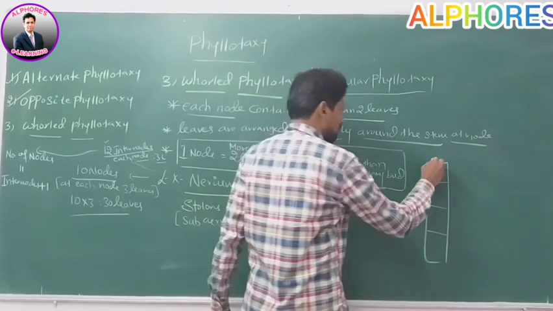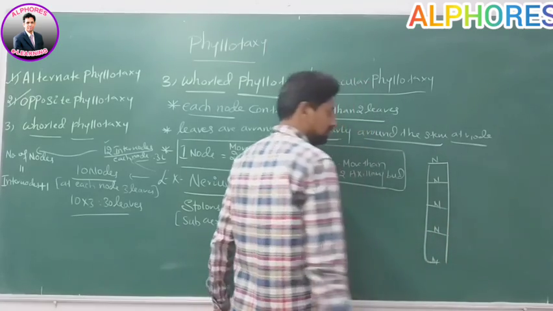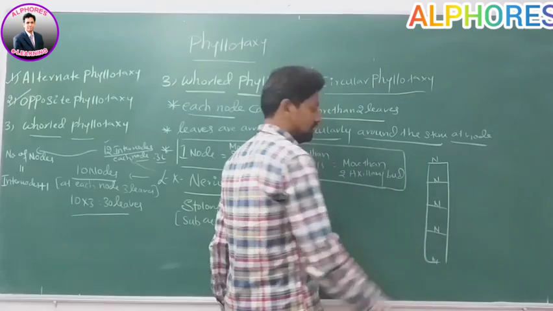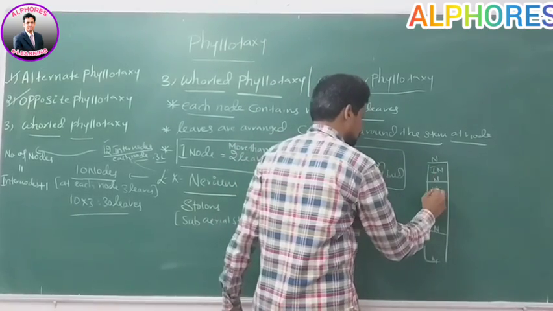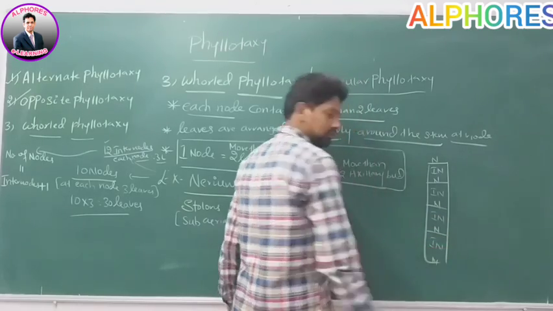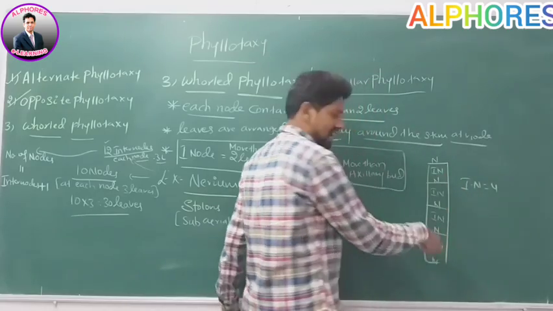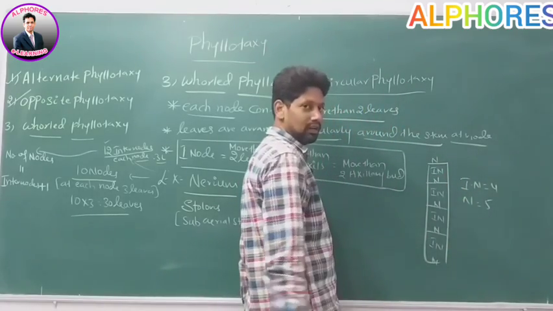See here, node. In this diagram, how many nodes are there? 1, 2, 3, 4, 5. Yes or no? 5 nodes are there. How many internodes? 1, 2, 3, 4. Therefore, the number of internodes is 4 in this diagram. The number of nodes is 5.